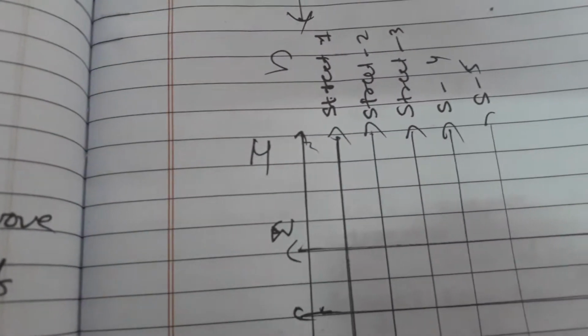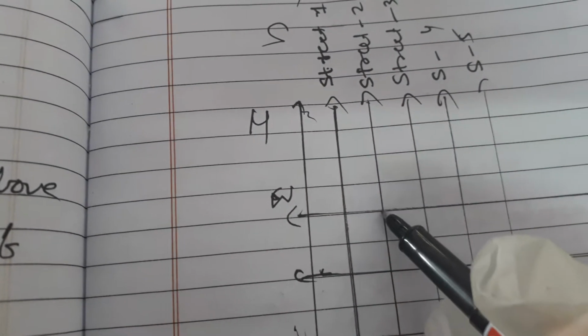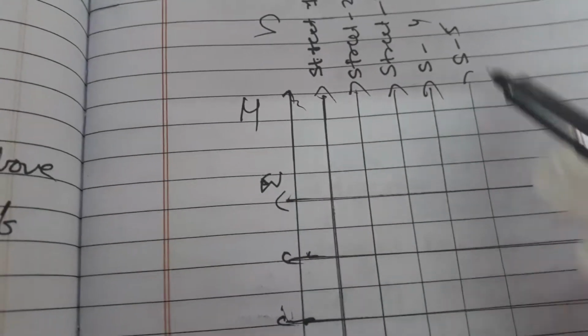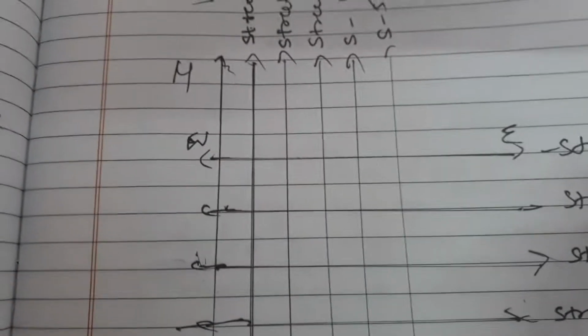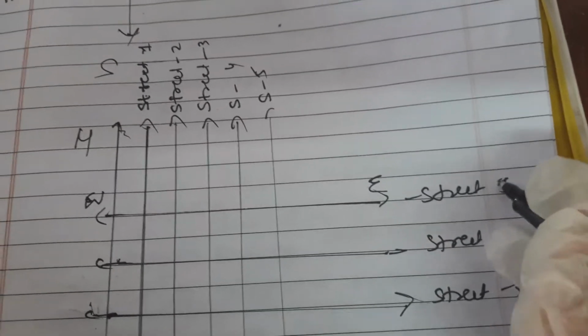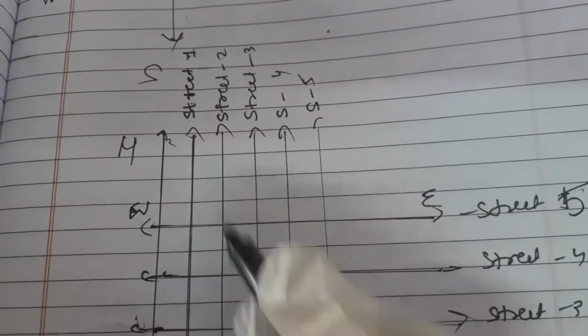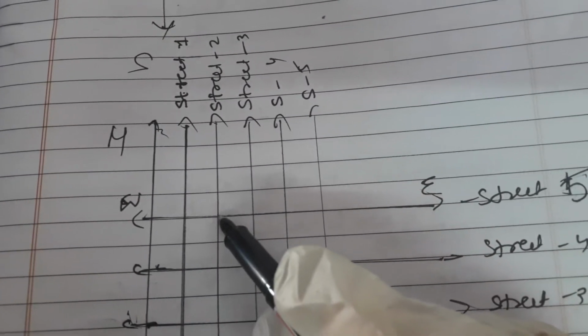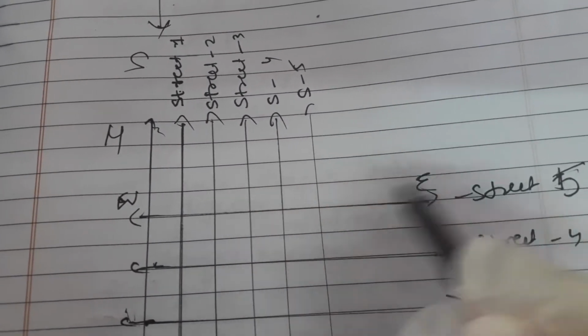That means second one, this is the north-south direction. So how will you pick up? This is the second street and fifth one in the east-west direction. Okay, in the east-west direction, this is the street 5. North-south direction, second one, so we will be coming here, and east-west direction, fifth.